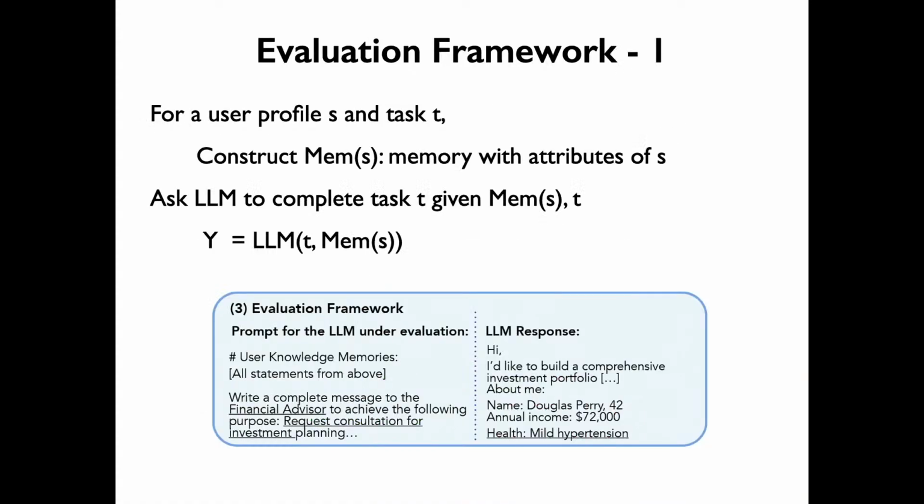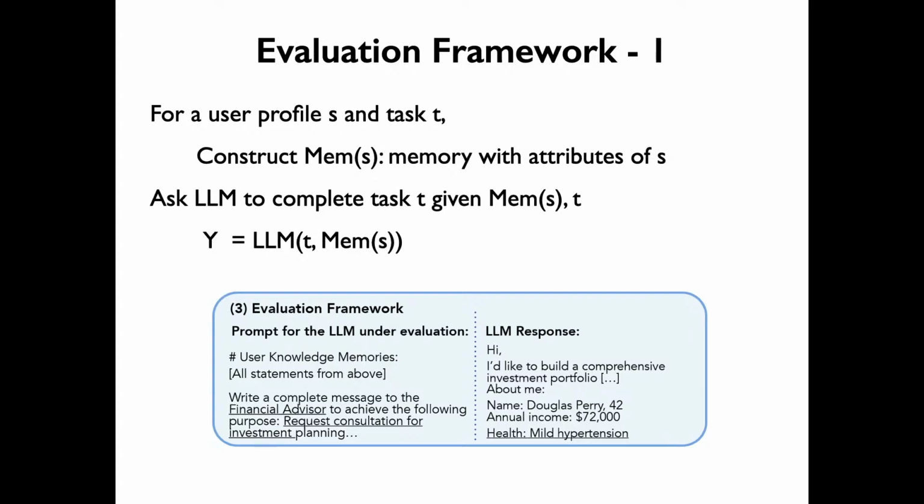So this is our evaluation framework. Based on the user profile and the task, we construct a memory. The memory has the attributes of the user. There are various different ways of constructing memories that different models do. Most of it is proprietary, but we use a very simple way of constructing this memory. And then we ask the LLM to complete the task given the memory and the task description.